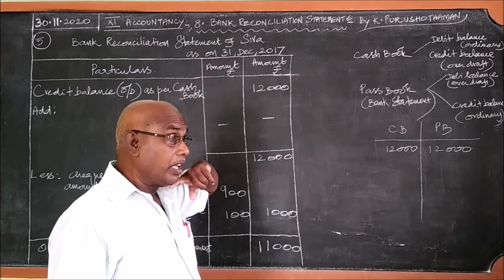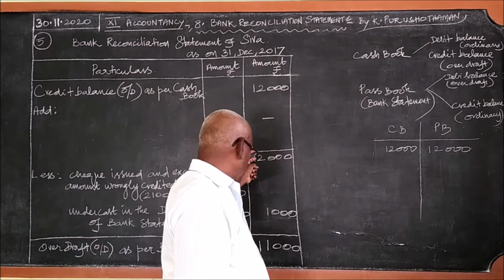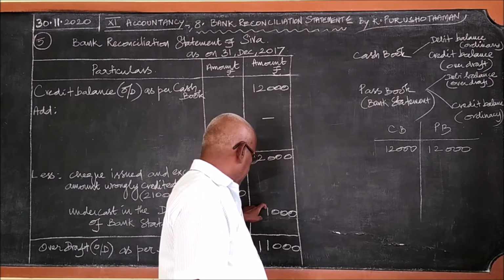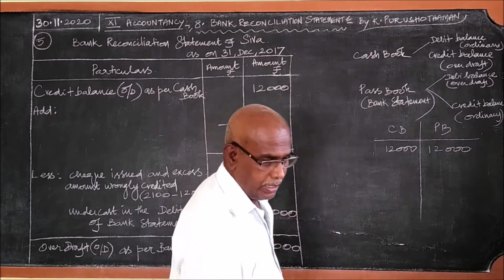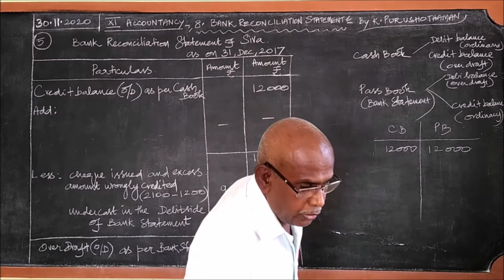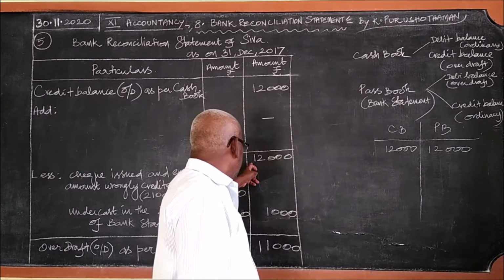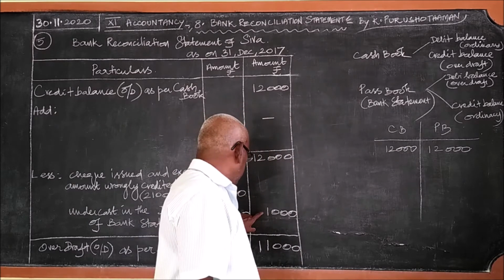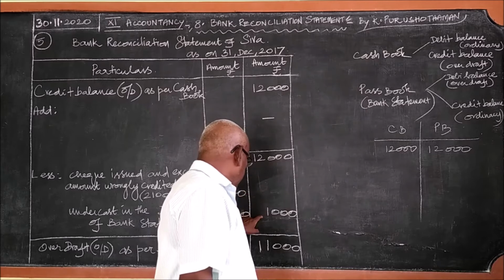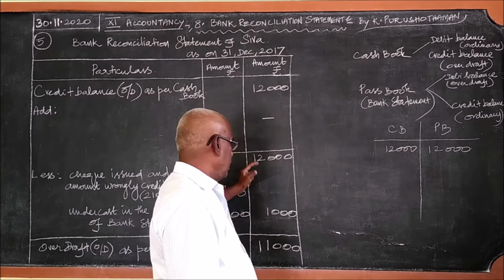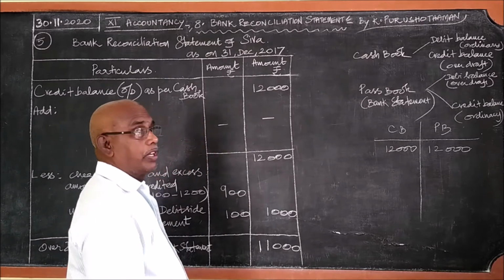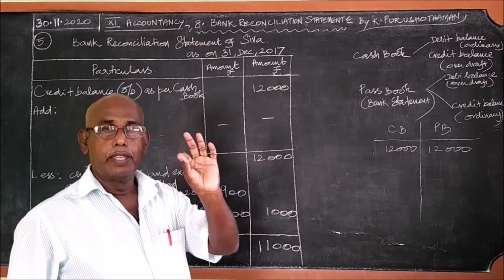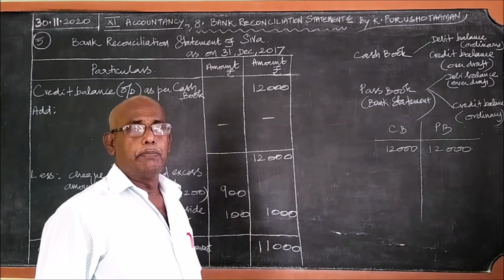In the coming problem, instead of minusing this from this, if you minus this amount from this, you will get only ordinary balance, not the overdraft balance. Keep that aside for now.